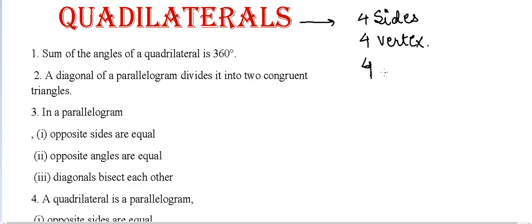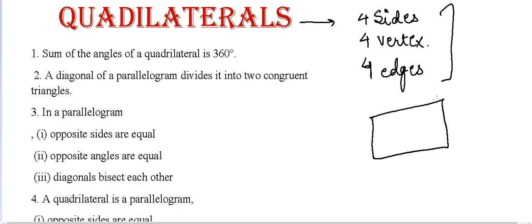Okay, everything is four in a quadrilateral. Like this rectangle ABCD, it is a quadrilateral because it has four sides. So a quadrilateral is a structure which has four sides, four vertices, and four edges, right?